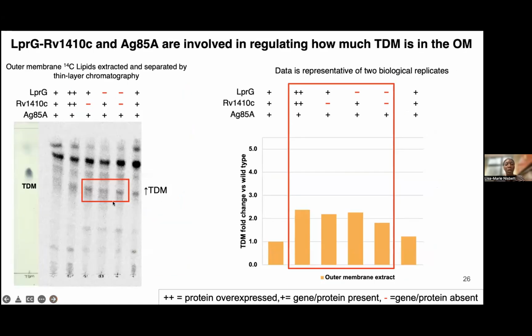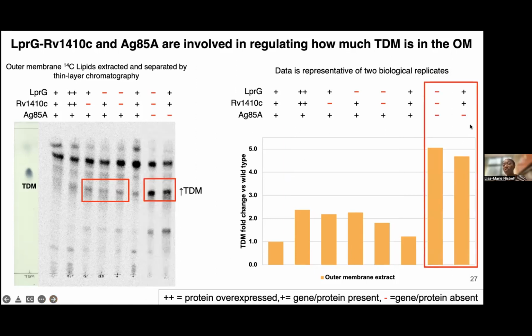And again, once I quantified the lipid spot that corresponds to trehalose dimycolate, I observed that when LPRG and RV1410C are being overexpressed, or when RV1410C only is absent, or when LPRG only is absent, or when both LPRG and RV1410C are absent, there are actually higher amounts of trehalose dimycolate in the outer membrane extracts.